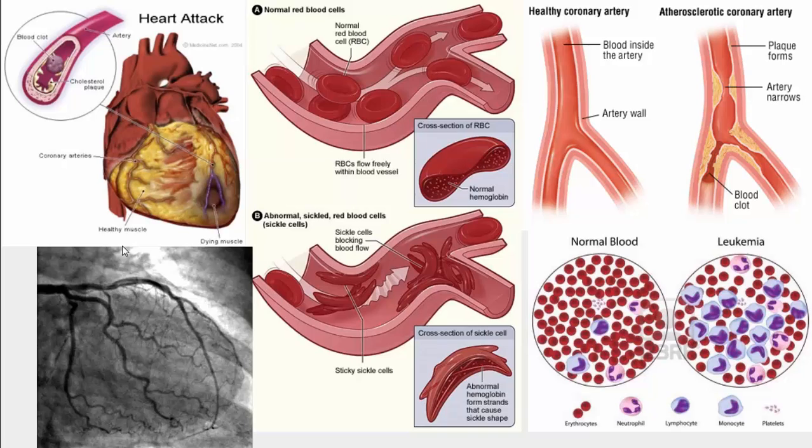A couple other things about these pictures. So this is showing normal red blood cells. This is showing a person that has sickle cell disease. Sickle cell disease is a genetic disease. Okay? More common in people of African descent, and there's a reason for that we'll talk about in a minute. But in sickle cell disease, the hemoglobin molecule, because of a mutation, is misshapen.